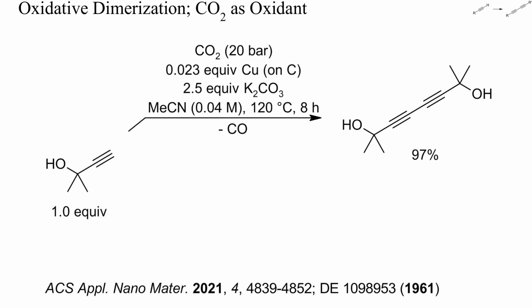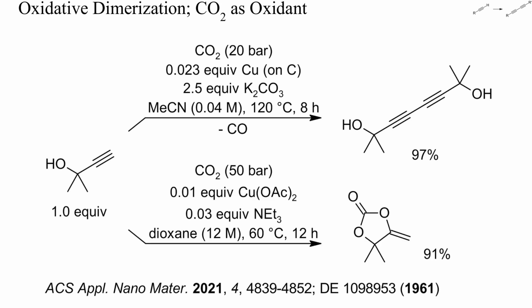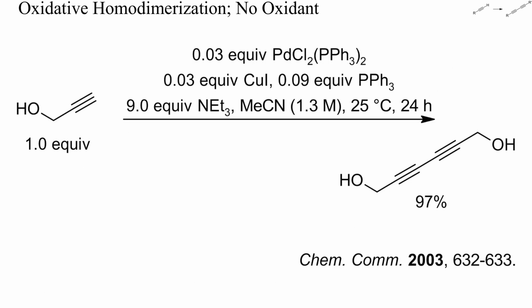Another alternative can be carbon dioxide, as in this example. Because carbon dioxide is only a weak oxidant, the dimerization required a high reaction temperature. With propargylic alcohols or amines, however, a different type of product may also result. Thus, at a lower temperature, no oxidative dimerization occurred, but mostly a cyclic carbonate was formed by intramolecular nucleophilic addition to the alkyne.